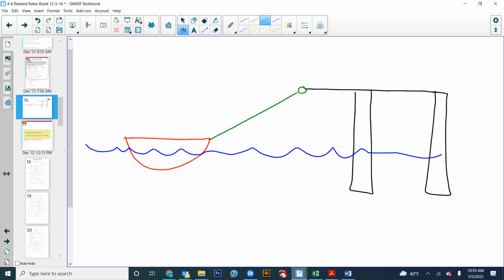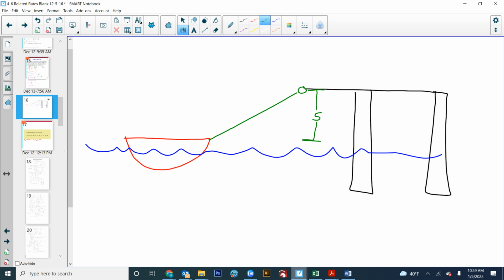18 years ago. All right, a boat is being pulled into a dock by a rope, passing through a pulley on the dock positioned 5 meters higher than the boat. Is that 5 meters changing or constant? Very good.